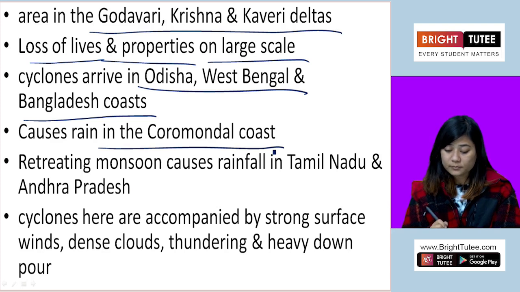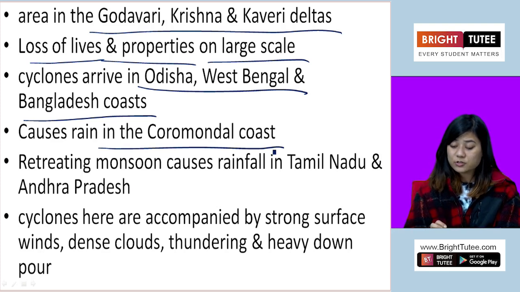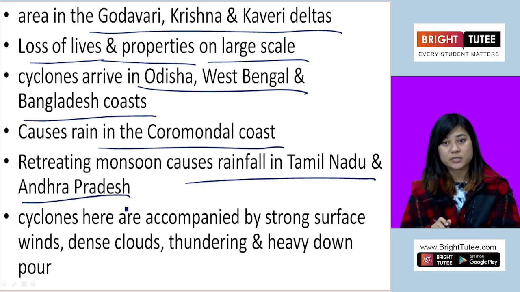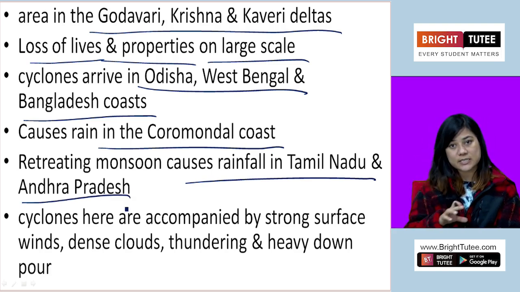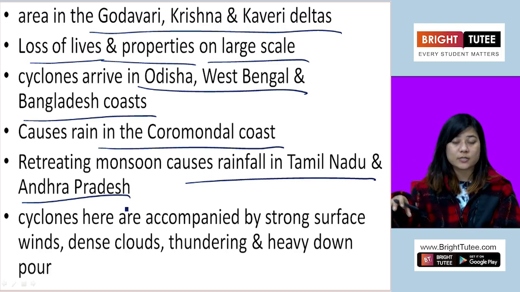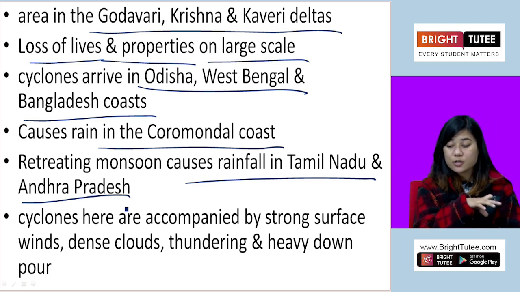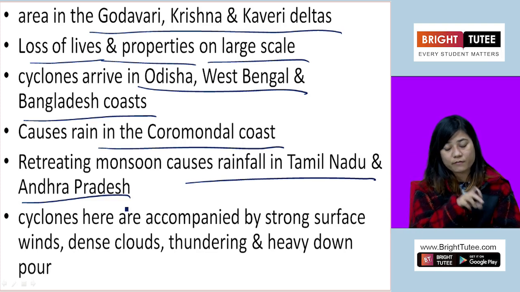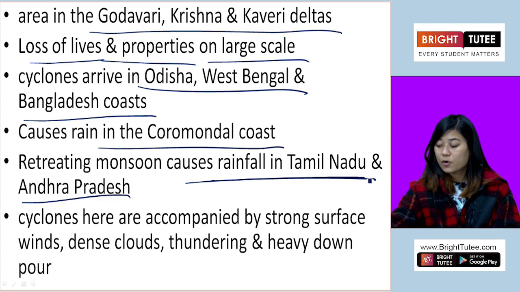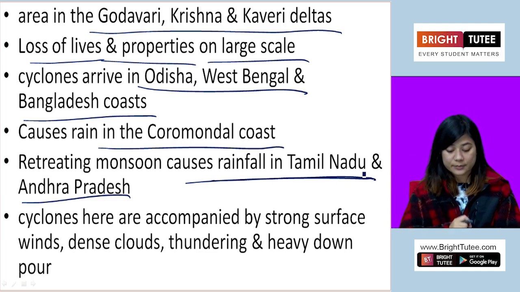Now the retreating monsoon causes rainfall in Tamil Nadu and Andhra Pradesh. The monsoon which is retreating from the northwestern part into West Bengal and then going to the southern part of our country causes rainfall in Tamil Nadu and Andhra Pradesh.